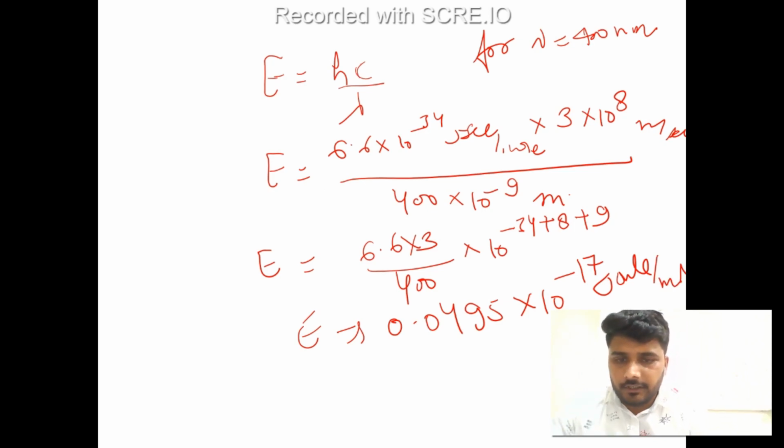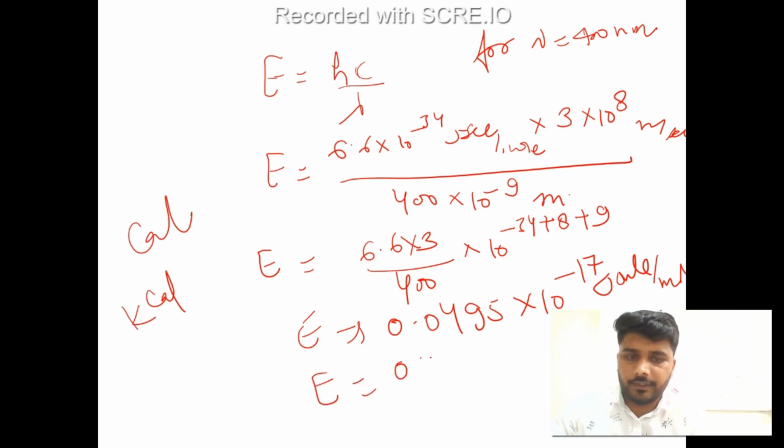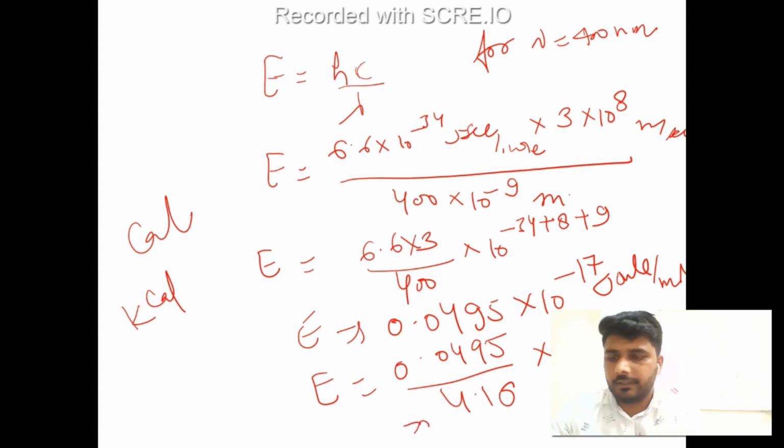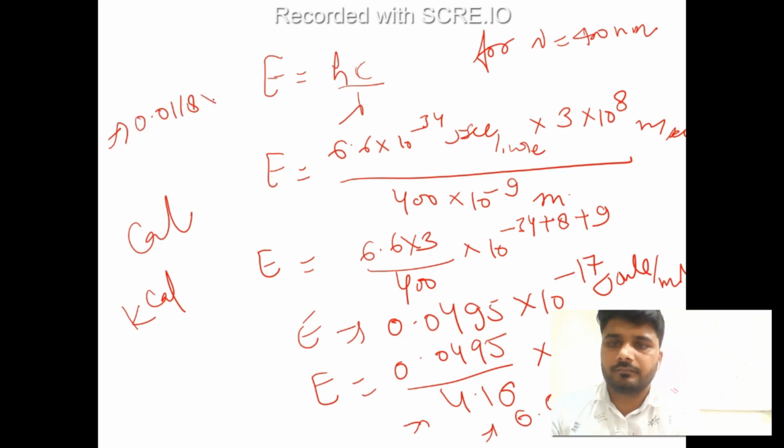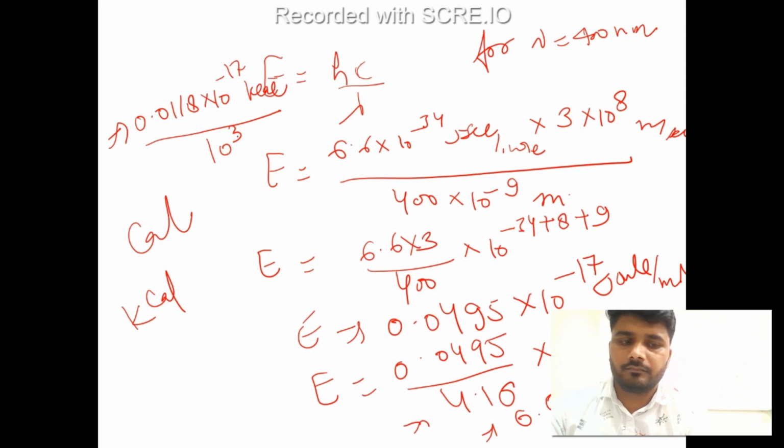Okay, so convert into kilocalorie. First convert into calorie, so divide 0.495 by 4.18 times 10 raised to minus 17, which gives 0.0118 calorie.